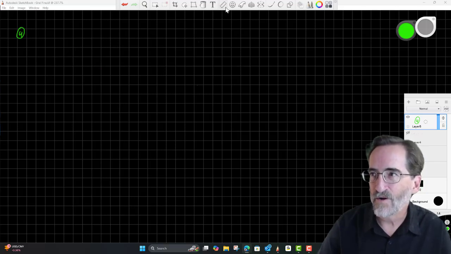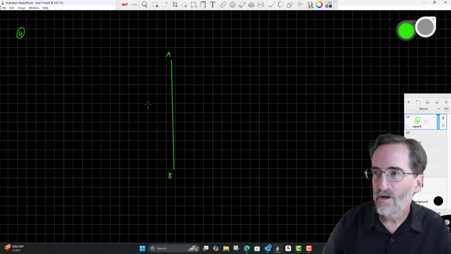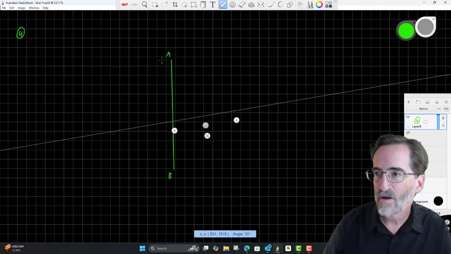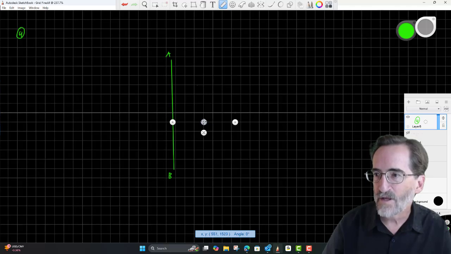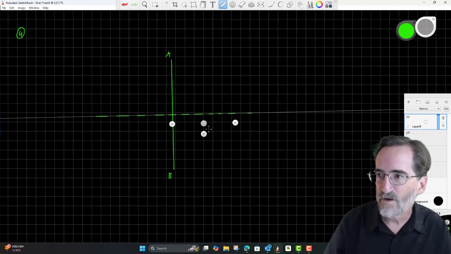We got a scenario in which we have segment AB, and we fold the paper so that A is on top of B and end up with this fold right here, which helps to identify point C.